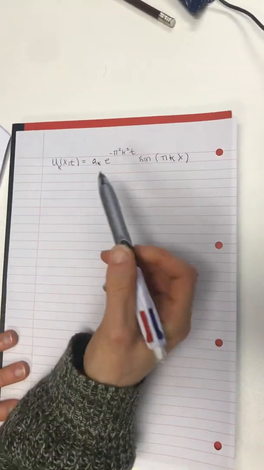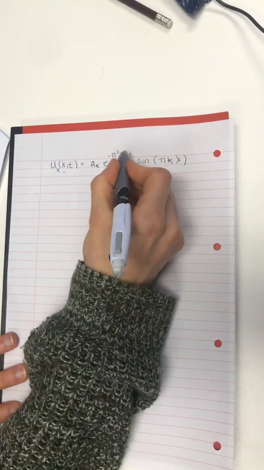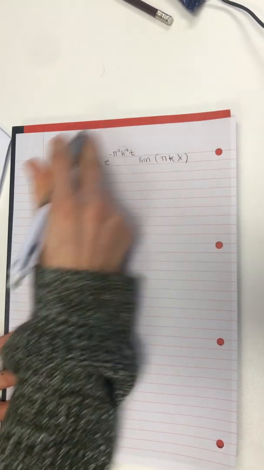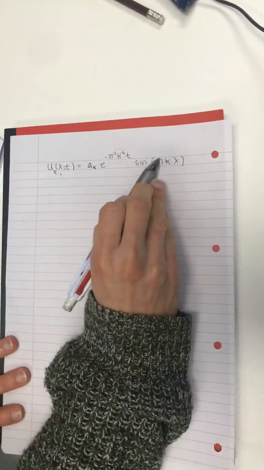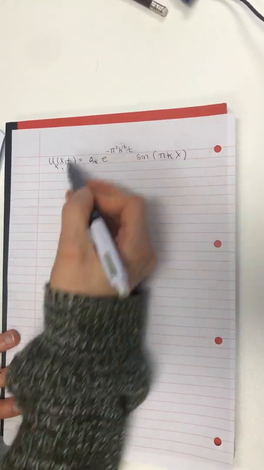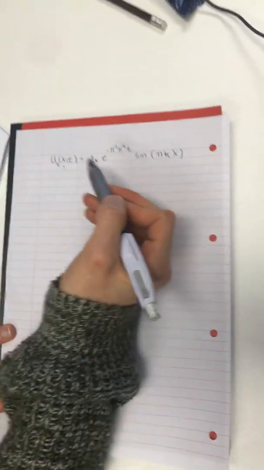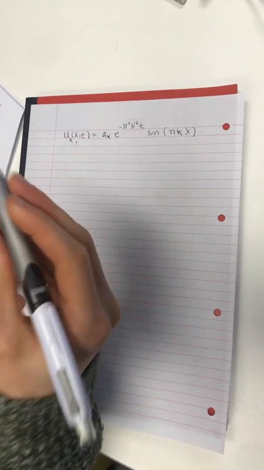Differentiating with respect to time gives minus pi squared k squared and again the solution. Differentiating twice with respect to x gives the same twice with a minus, and again the same solution. So this is another solution of our equation.